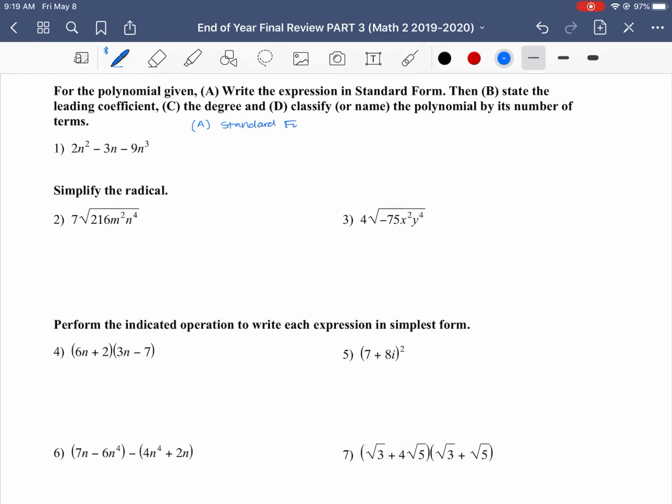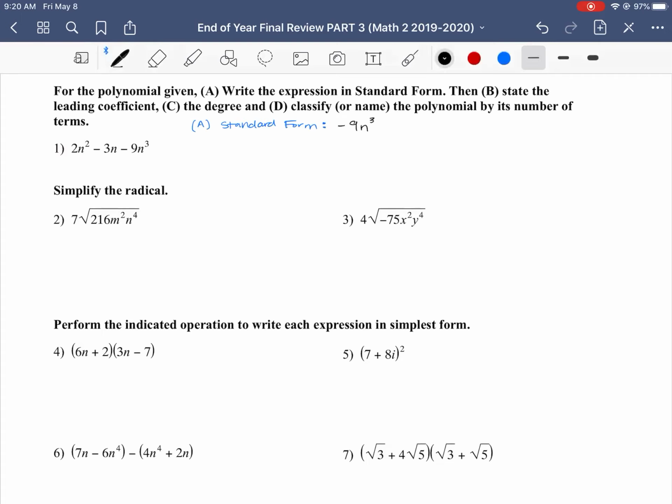Remember that standard form means that the exponents start with the highest exponent term and then they decrease as we move to the right. So if you look over here, this is the highest exponent in this expression. So this term right here gets to be the first term, right? So we move negative 9n cubed. That's the first term.